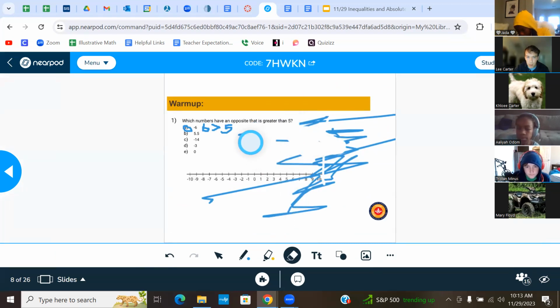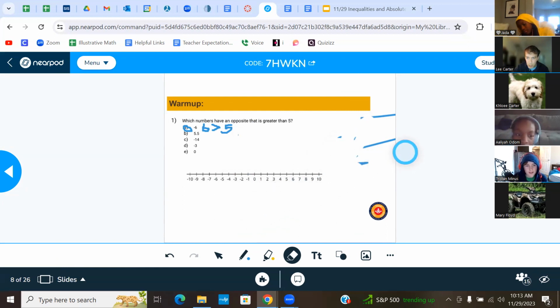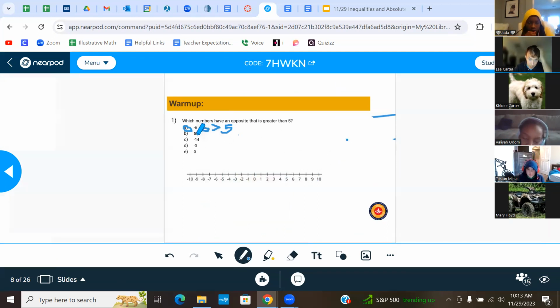So the way I would work through this one would be, okay, the opposite is greater than 5. What I would do is go through and write the opposites for each one of them. The opposite of 5.5 would be -5.5. That is totally less.